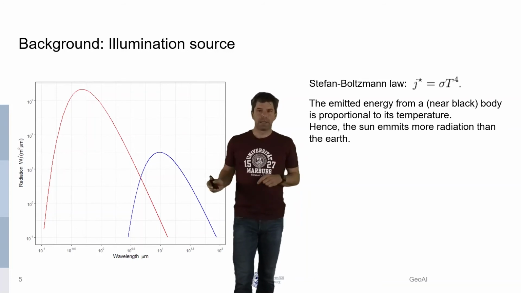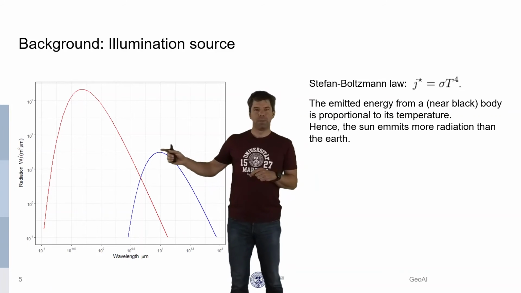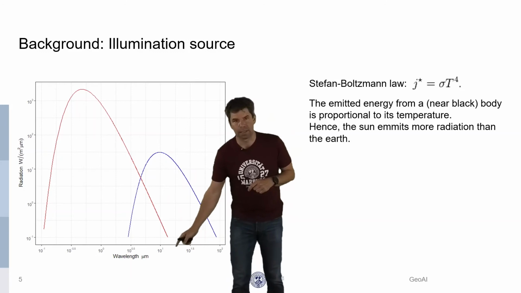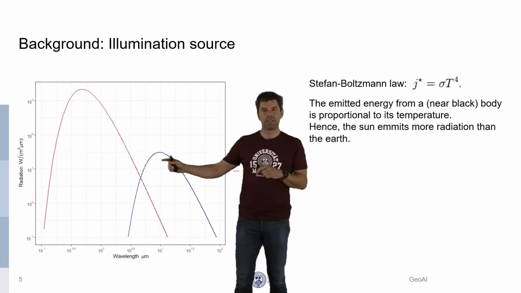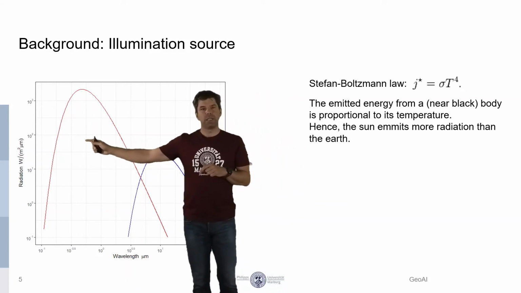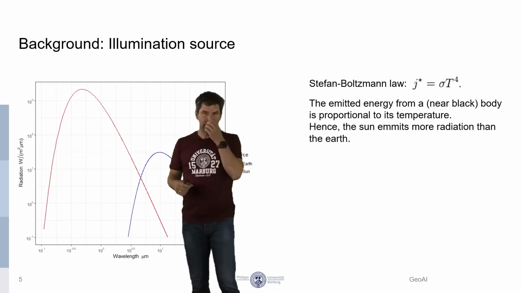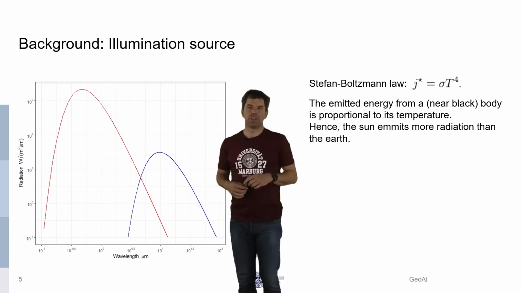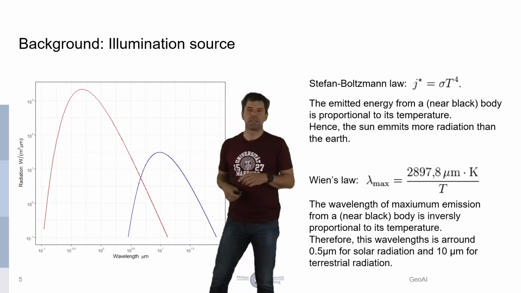And the other thing you see in that image is this peak here, where the maximum radiation is emitted, and on the x-axis it's the wavelength. For the terrestrial radiation, it's around 10 micrometers where we have that peak. For the solar radiation here, it's around 0.5 micrometers. So obviously, the warmer a body is which emits that radiation, the shorter is the wavelength where we have that peak. And that's called Wien's Law.